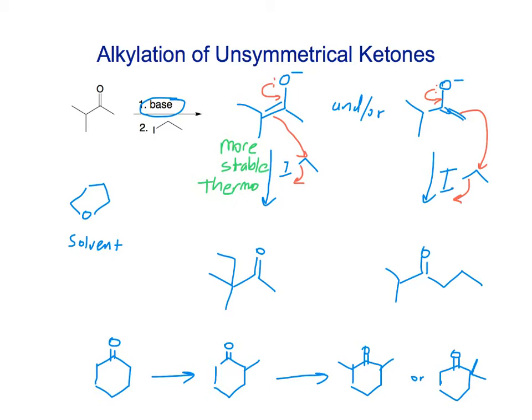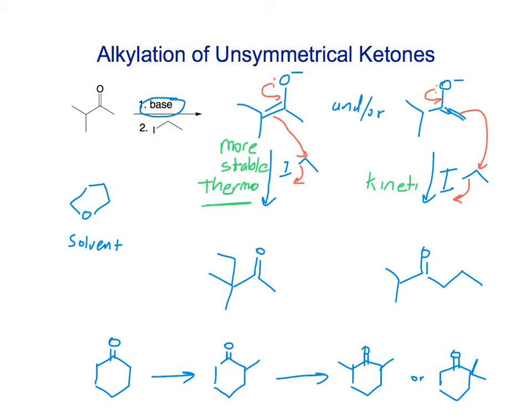Okay. Yep, good question. All right, so this one over here we said is more stable. The one on the right is formed faster, because you can imagine that the hydrogens on that alpha position on the methyl side are more exposed, easier to get to, so they're removed faster. So we would call this one the kinetic enolate.